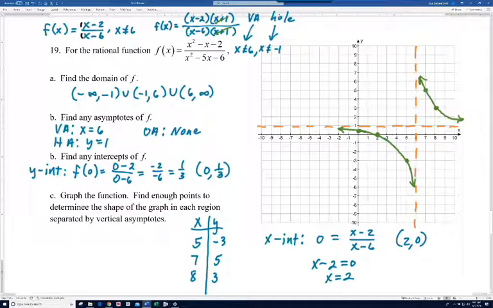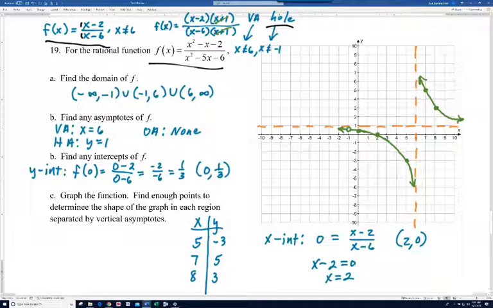Now don't forget, we're going to have a hole, remember, at -1. And so let's go ahead and put that in. And so there's your graph. So basically, this graph for this function is just like the graph of f of x equals x minus 2 over x minus 6. The only difference is there's a hole at x equals -1.